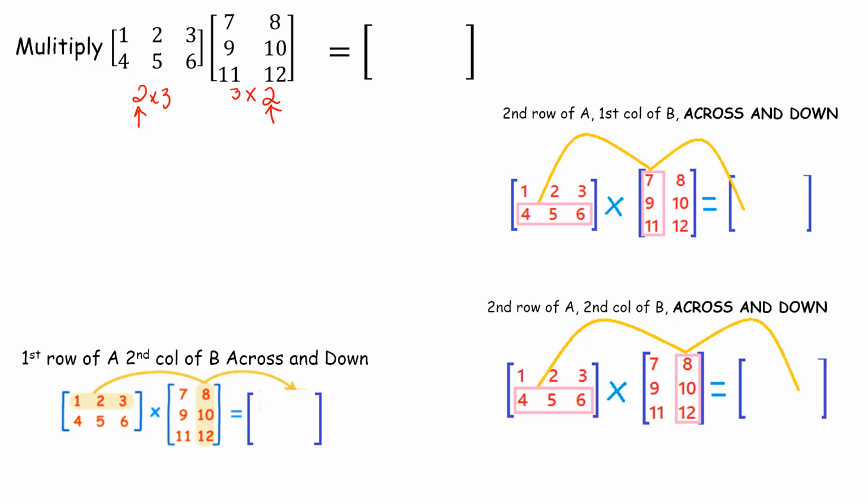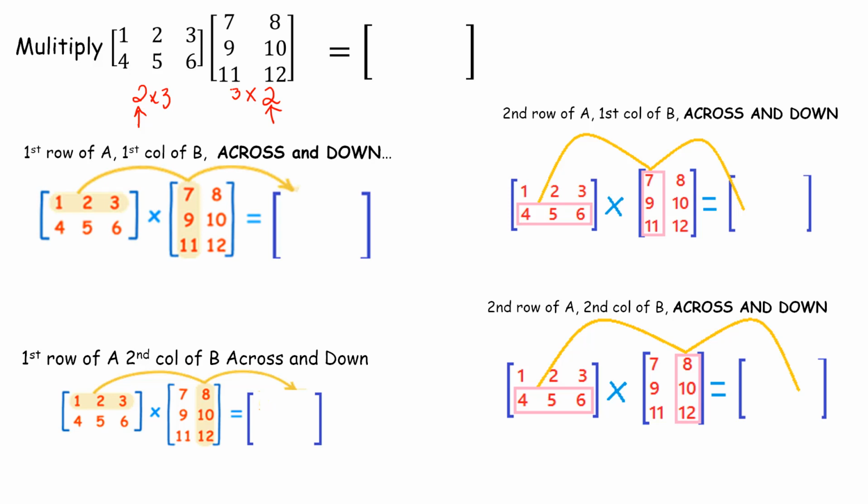All right, so we're going to just do this step by step so you can see what happens. So we start by going across the first row and down the first column. So across the first row of the first matrix, down the first column of the second matrix, we're going to multiply the 1 times the 7, and then we're going to add the 2 times the 9, and then we're going to add the 3 times the 11.